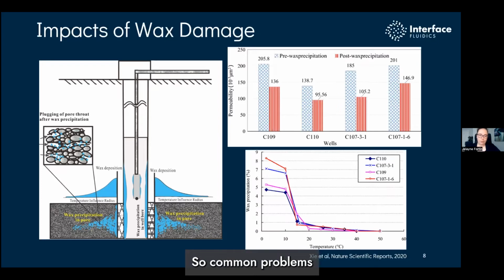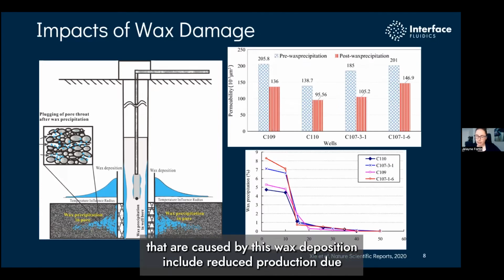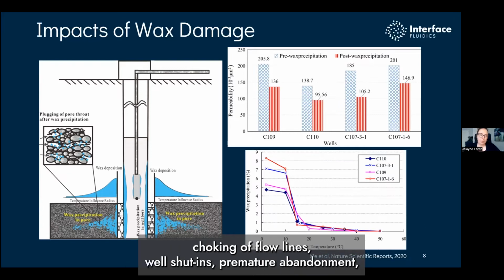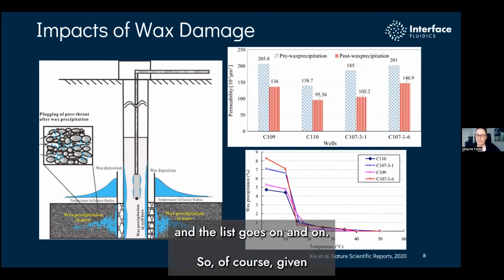Common problems caused by this wax deposition include reduced production due to decreased flow rates, increased power required to run pumps, equipment failures, choking of flow lines, well shut-ins, premature abandonment. The list goes on and on.